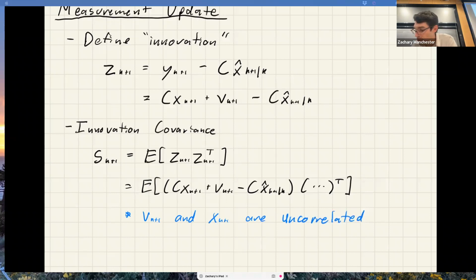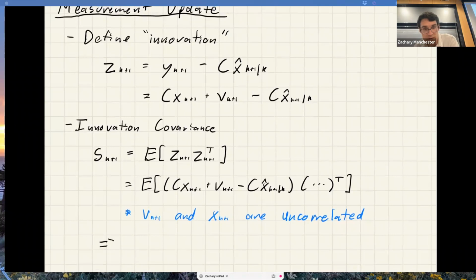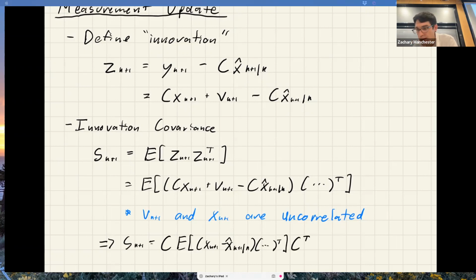Given that, we can throw out a bunch of stuff and get this S K plus 1 to look like the following. We can pull the C's out, so we get C times this stuff, same stuff again, C transpose, and then a noise term.